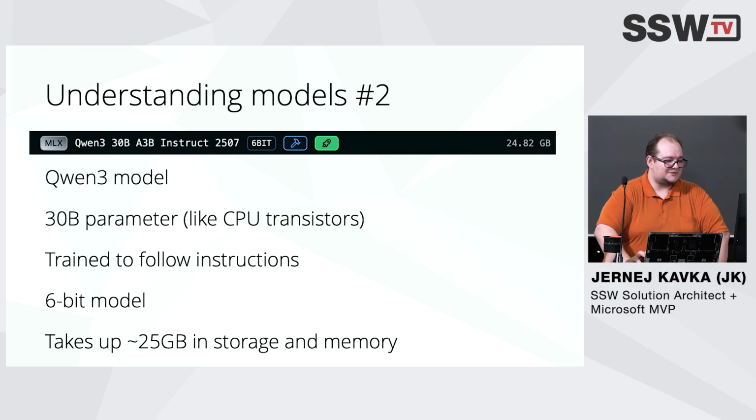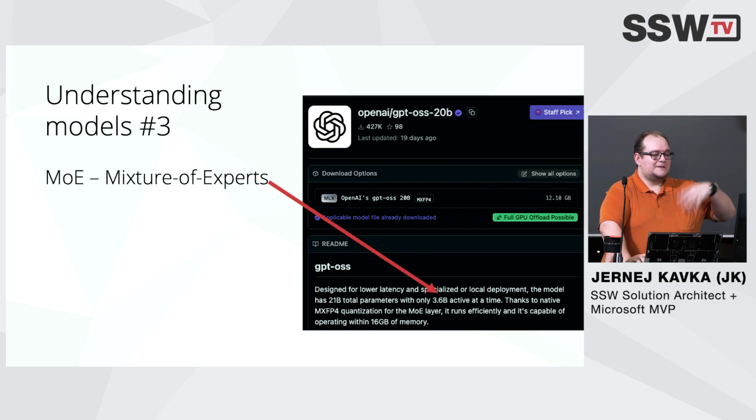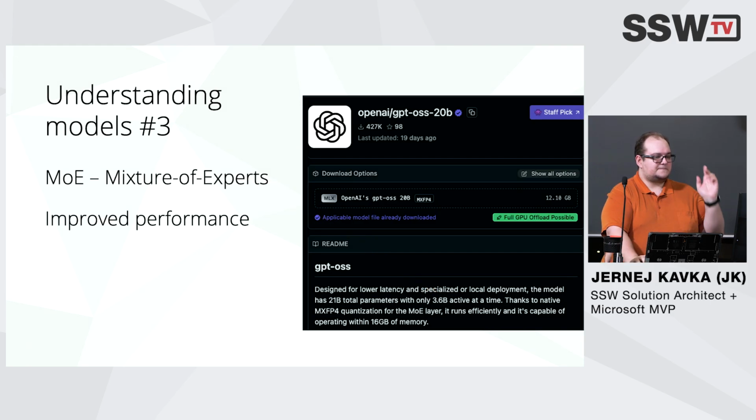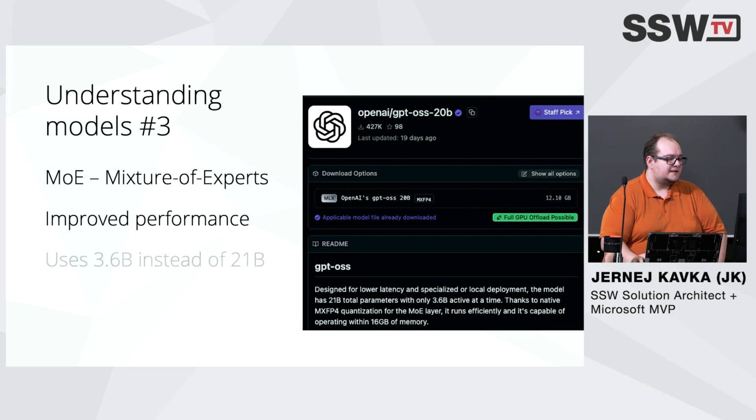Okay. But that's not all, because in 2025, they came with MoE, which is Mixture of Experts. Now, what that means is that this model that is 20 billion parameters can run with roughly the fidelity of a 20 billion parameter model, but the speed will actually be much better than a general model with 20 billion parameters.